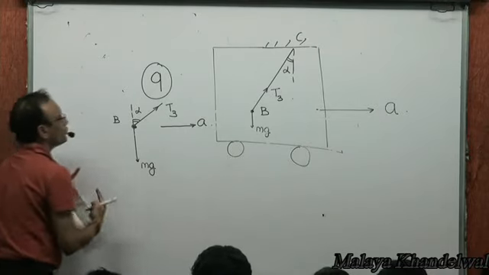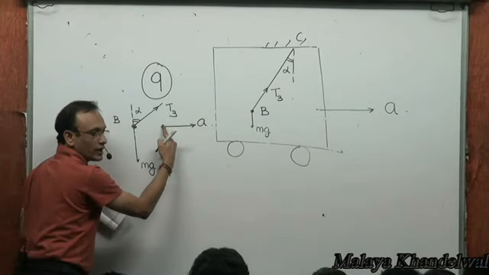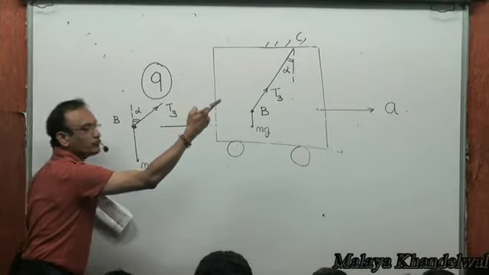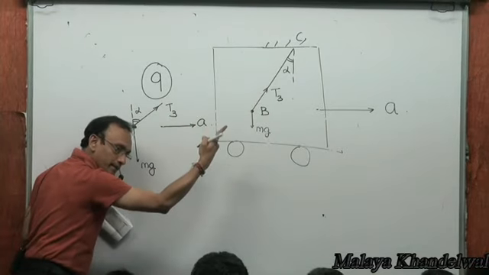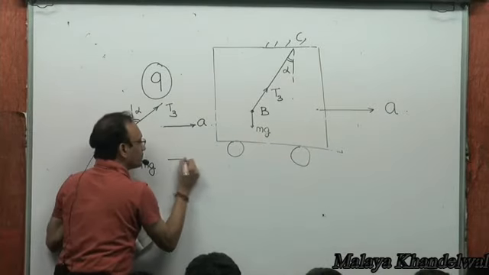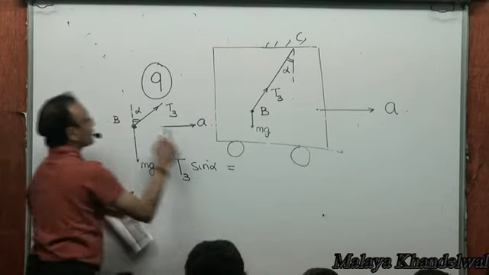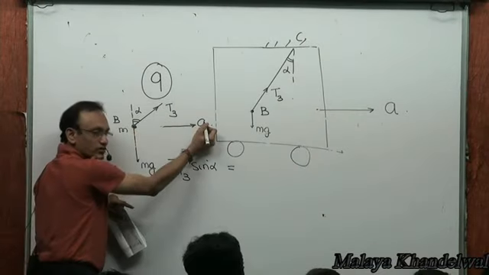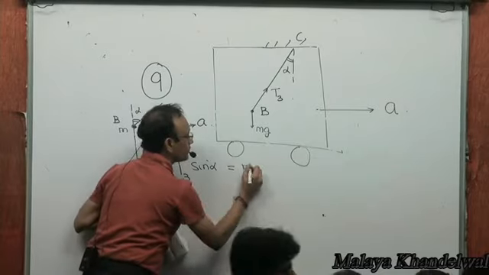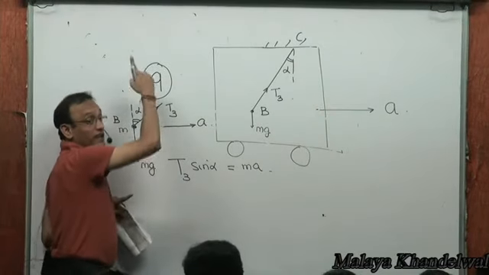Which means now, in the vertical direction, net of all forces must be 0. B must have a horizontal acceleration A synonymous with that of the carriage. Right? T3 sine alpha must give this mass an acceleration A to the right, ma. Whereas T3 cos alpha should prevent vertical acceleration.